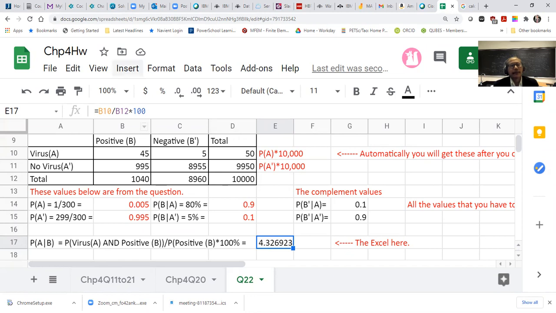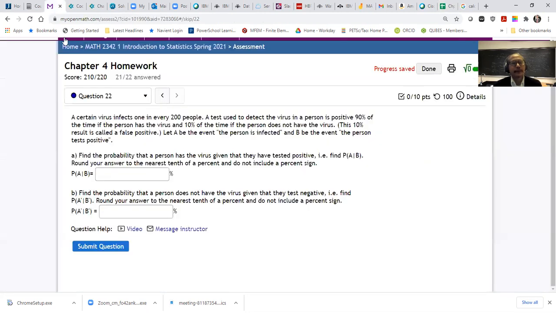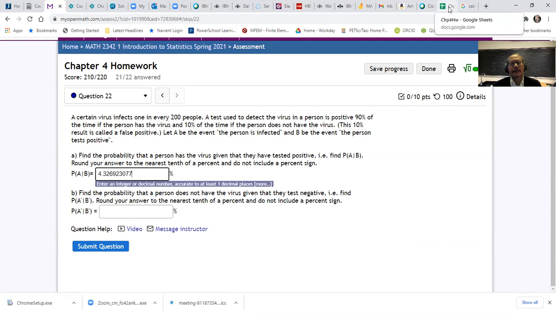This will be the answer for this one, and the other one will be the answer for the next one. Round your answer to the nearest tenth of a percent and do not include the percent sign.